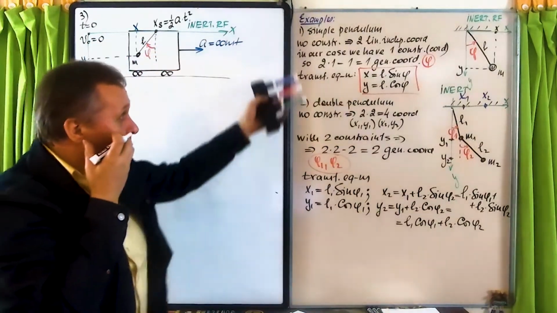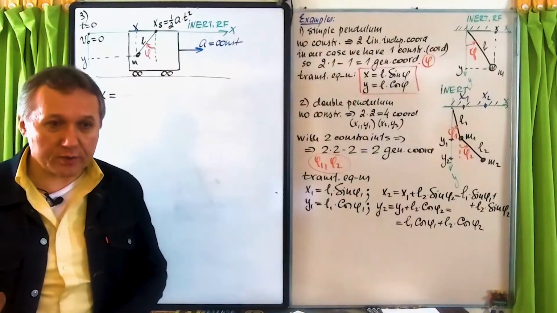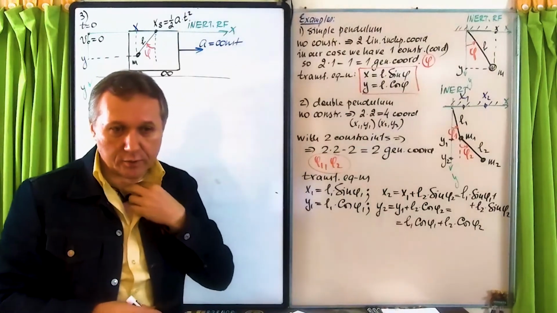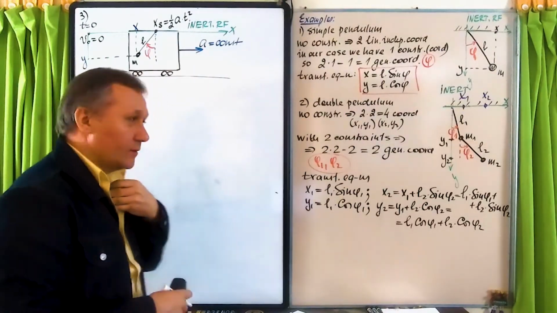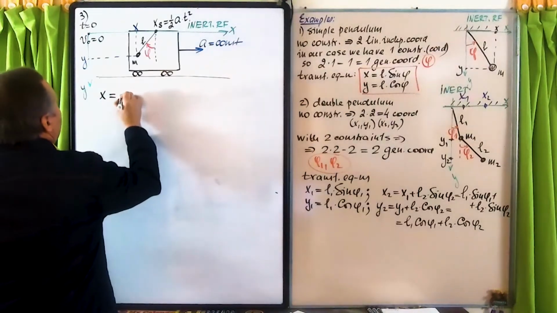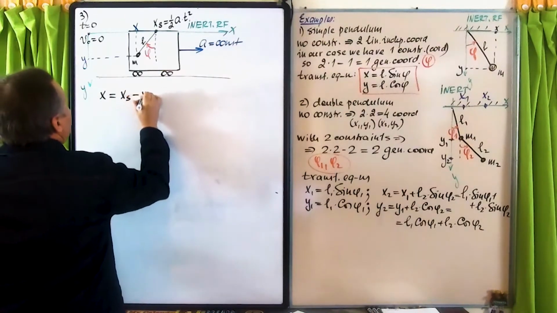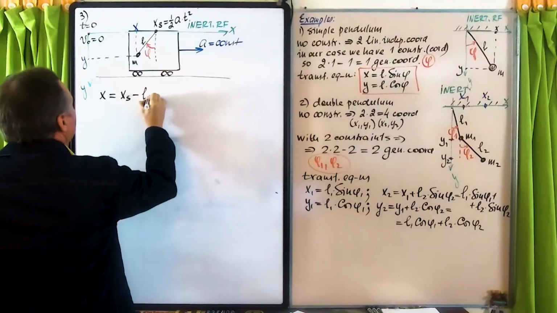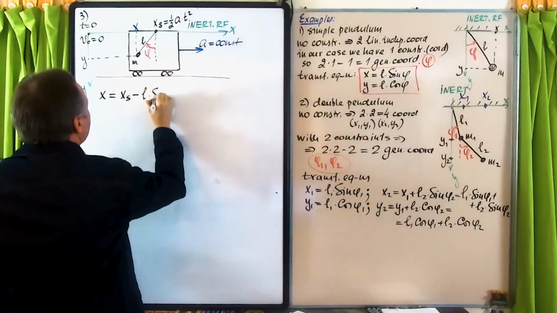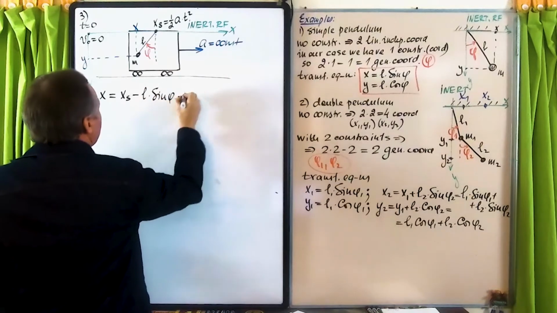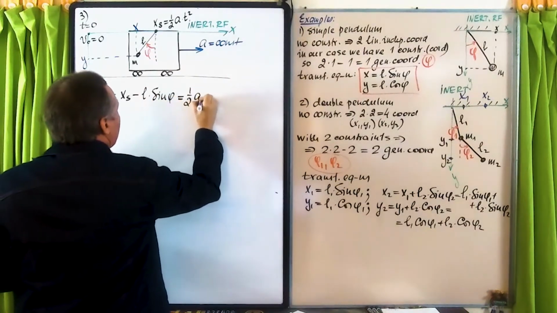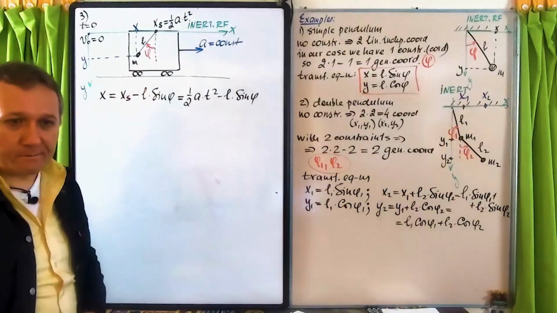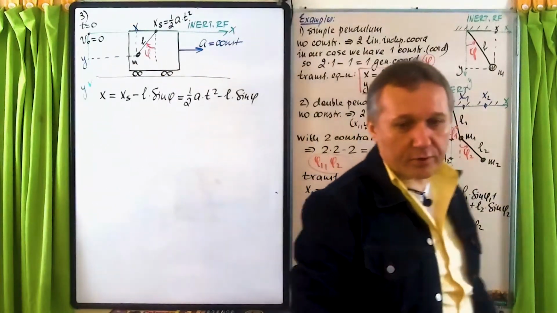In all three examples, writing transformation equations is just simple geometry, but of course the diagram must be nice so that you can see the geometry. So x equals 1 over 2 a t squared minus L sine phi. That's the first transformation equation.